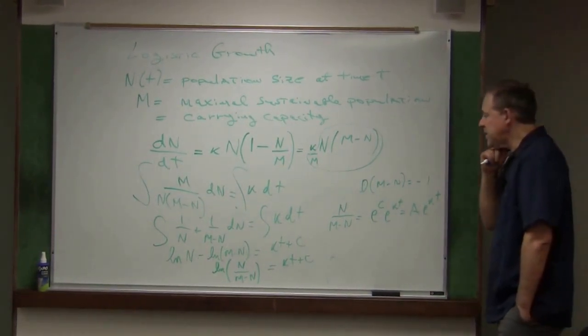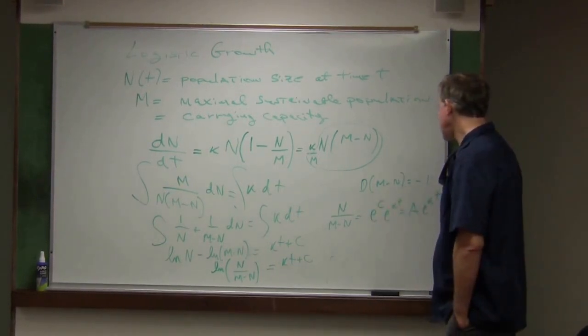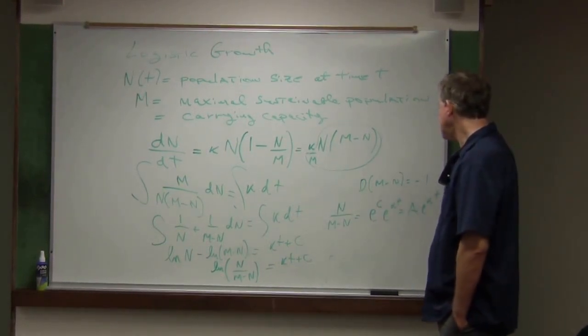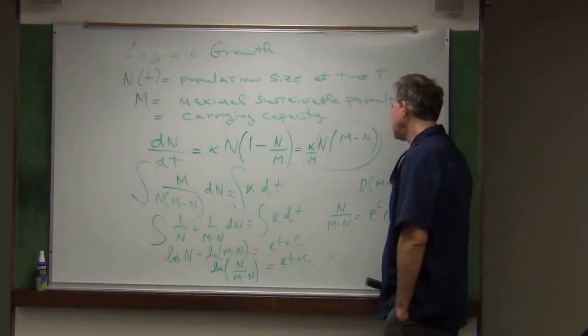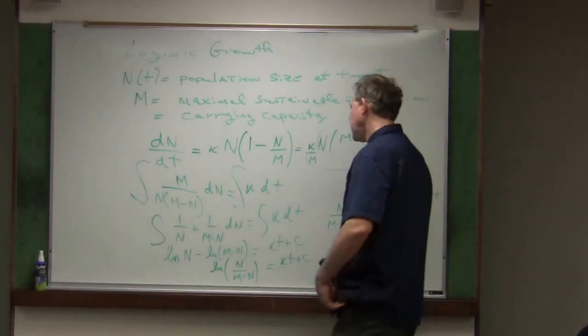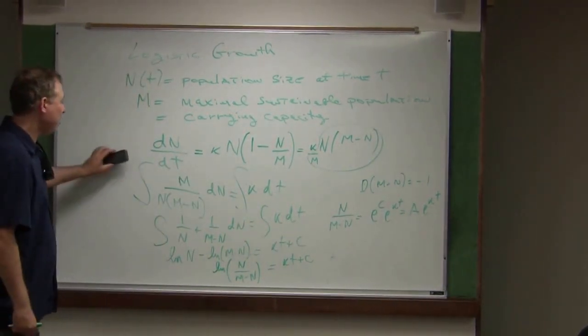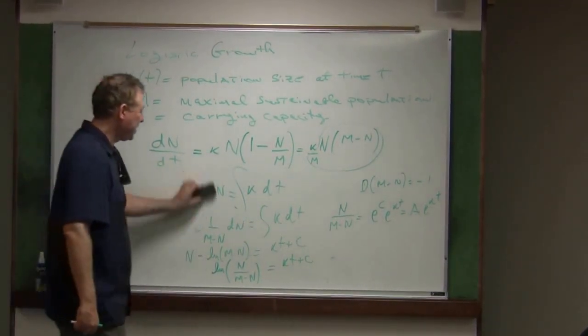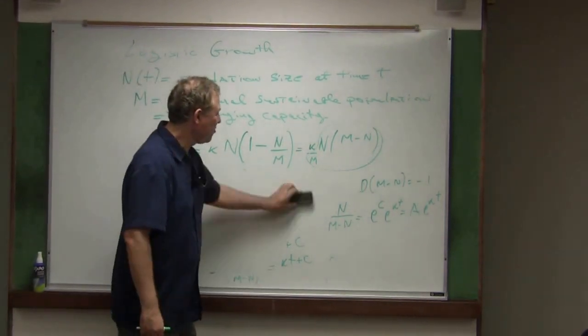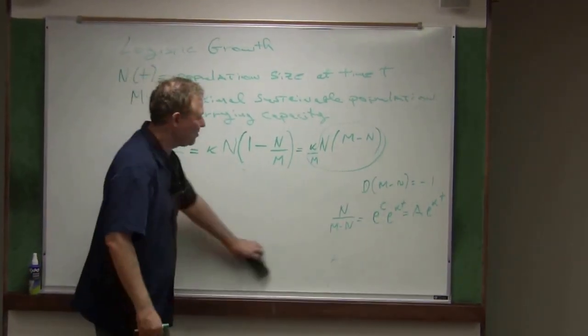So now we just have to solve for n. So let's do that. I've got to get some room, so I'm going to erase this and get some room here, since we're on this board.